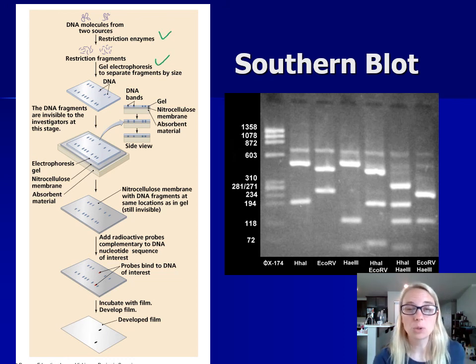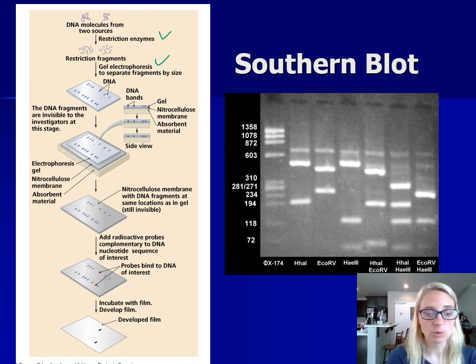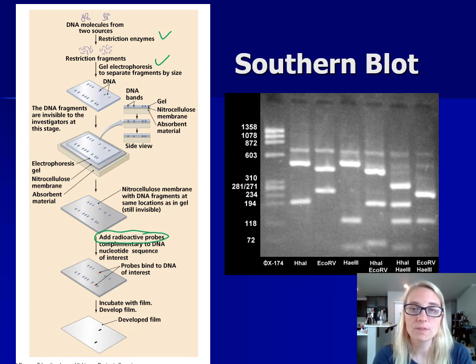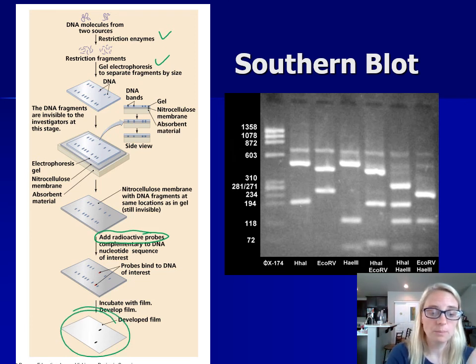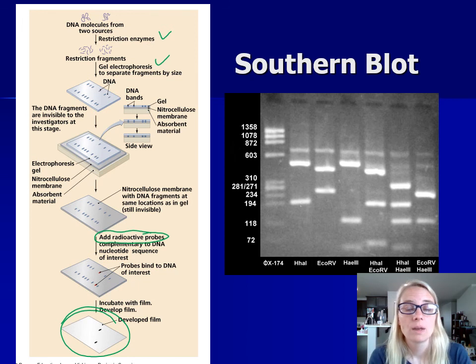But in the Southern blot process, we actually stain the gel with some radioactive probes, and we put a piece of paper over that, like a photographic paper that will be exposed to the radioactivity, and then you basically develop a permanent record of your pattern of your gel electrophoresis.